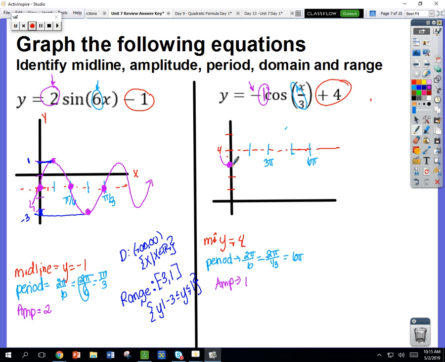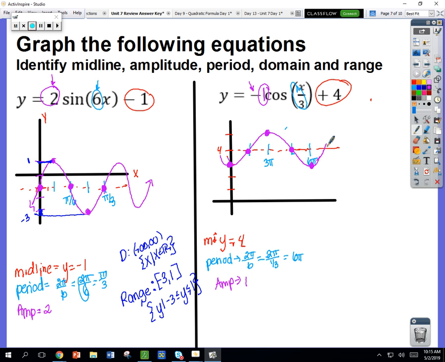So if I'm at a minimum, my next logical step would be to go up. So in order to go up, I have to hit the midline and then hit a maximum 1 away from the midline. And then if I'm up, my next logical step is to go down. So in order to go down, I would have to hit the midline again and then go down at my minimum here. And then that's 1 cycle.